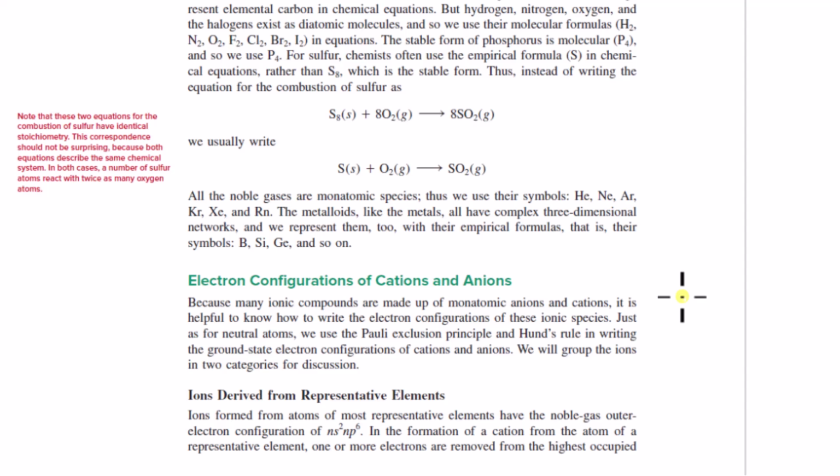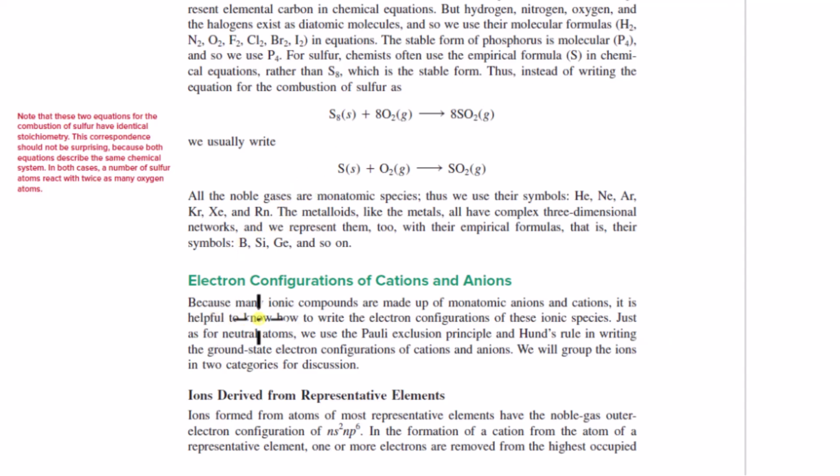Okay, and so what we're going to talk about in this section is, you start with the neutral ground state configuration of elements, but here we're going to talk about when these elements become cations or anions. So what is the ground state electron configuration of the cation or anion of an element? It has lost or gained one or more electrons and become charged.